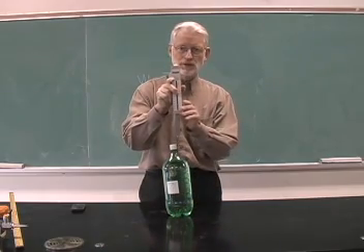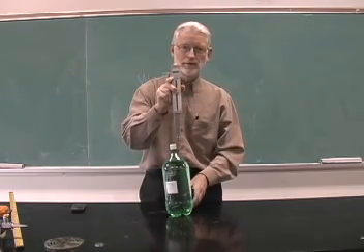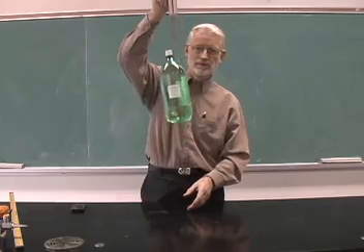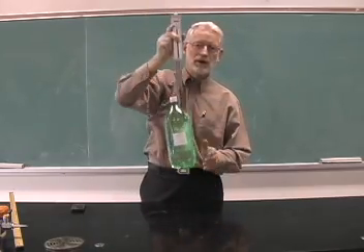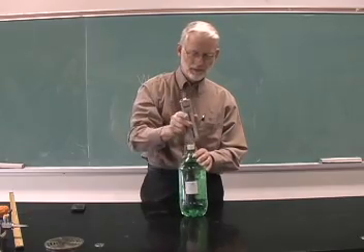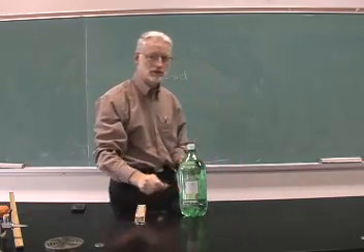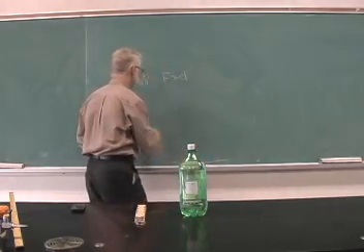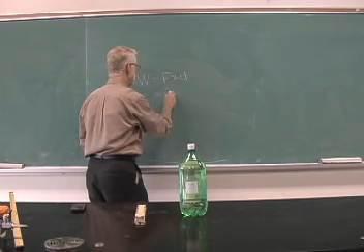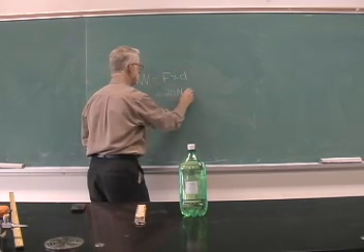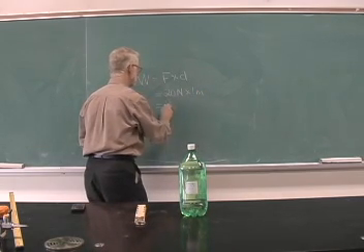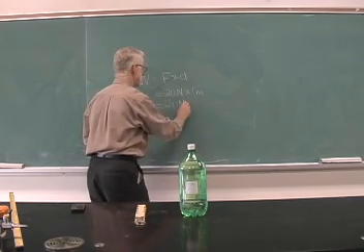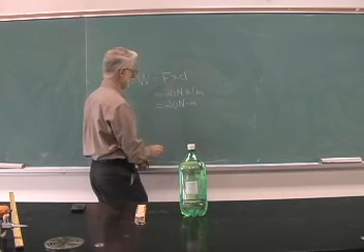If I lift this through a distance of 1 meter, the work that I do is then calculated as follows. 20 newtons is my force times 1 meter, which is then equal to 20 Newton meters.